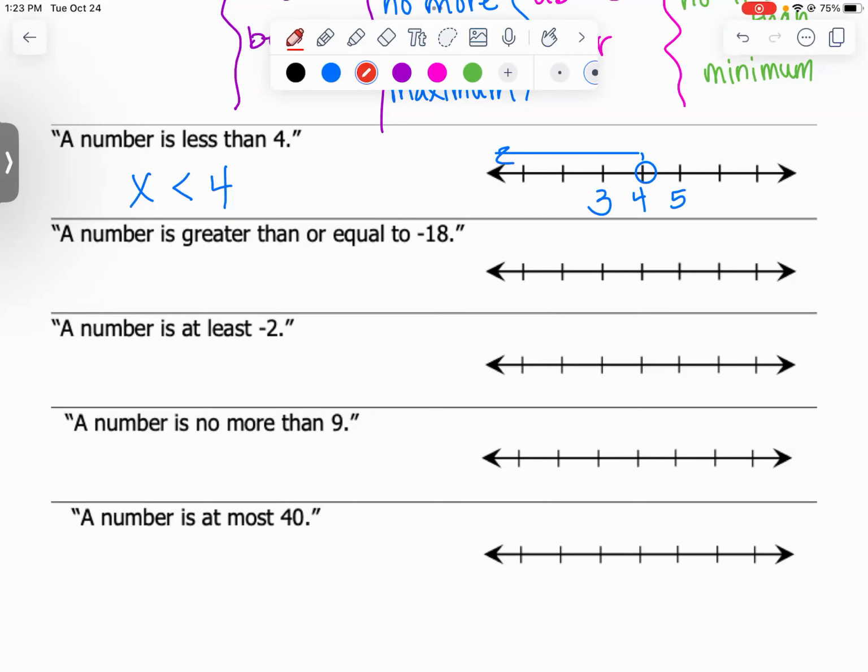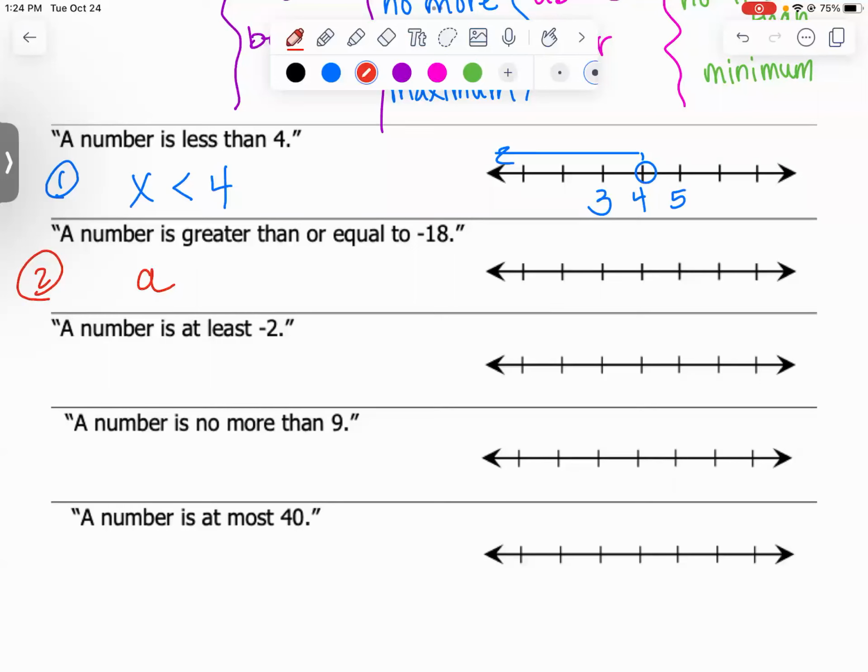Now, in our second example, right, that was number 1. Let's talk about number 2. A number is greater than or equal to negative 18. Okay, so a number, how about A for Austin?